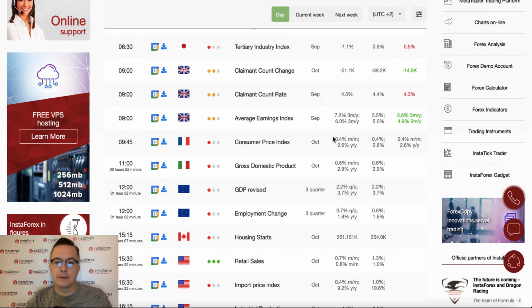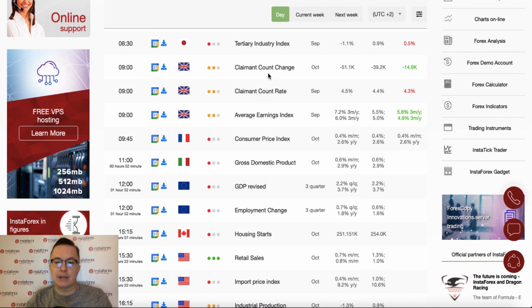During the London session, we have Claimant count change and count rate released from the UK. As you can see, minus 14.9 thousand versus the minus 39,000 is the recent data from the claimant count change, which means those are way better than expected.